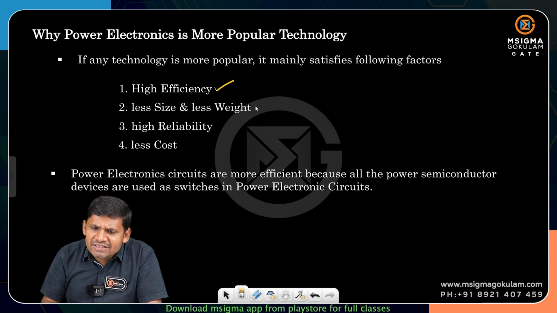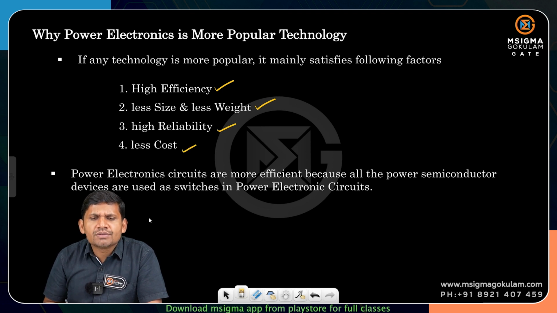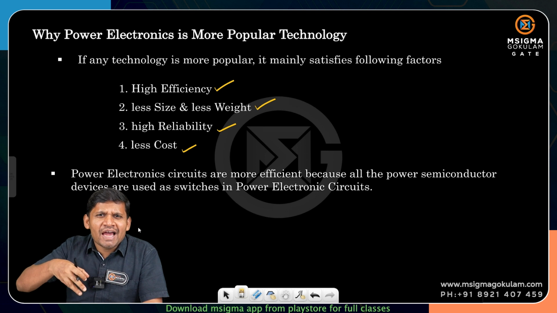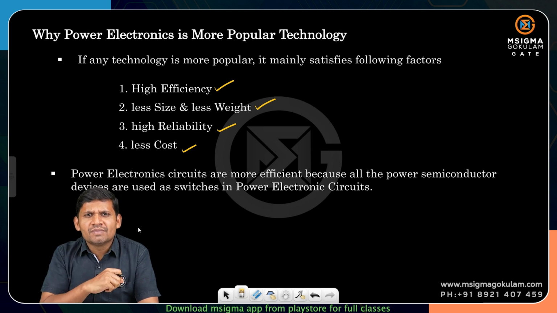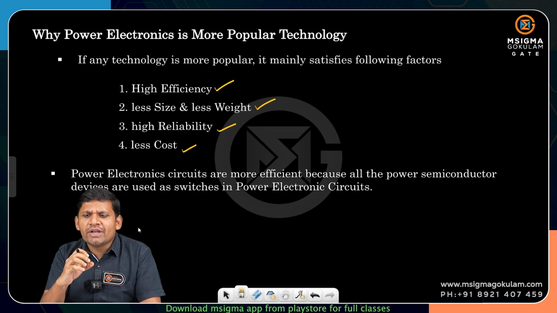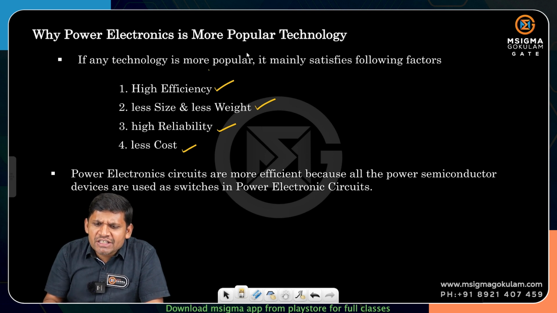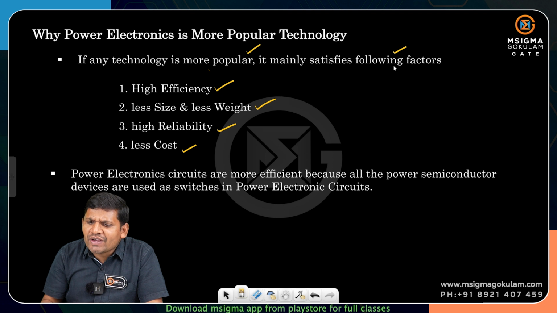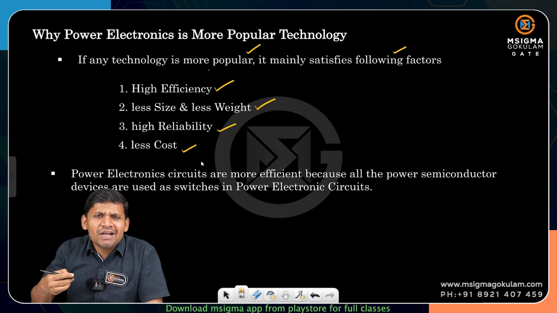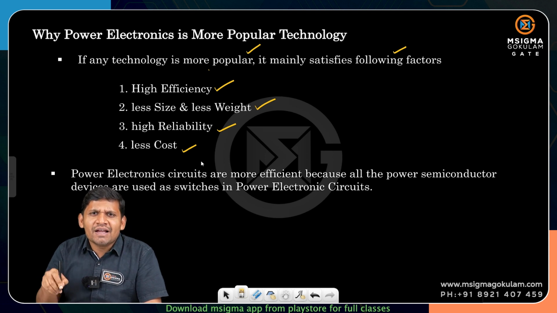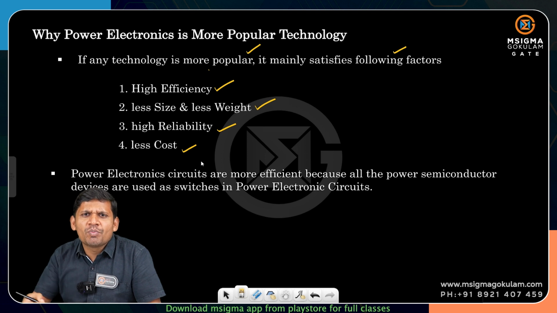It must have less size and less weight. It must have high reliability and less cost. Power electronics is satisfying all these factors. That's the reason why power electronics is the more popular technology, students.